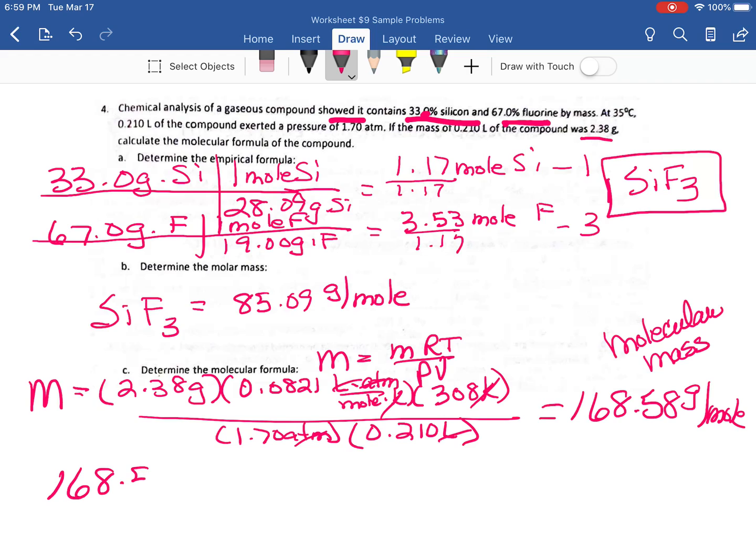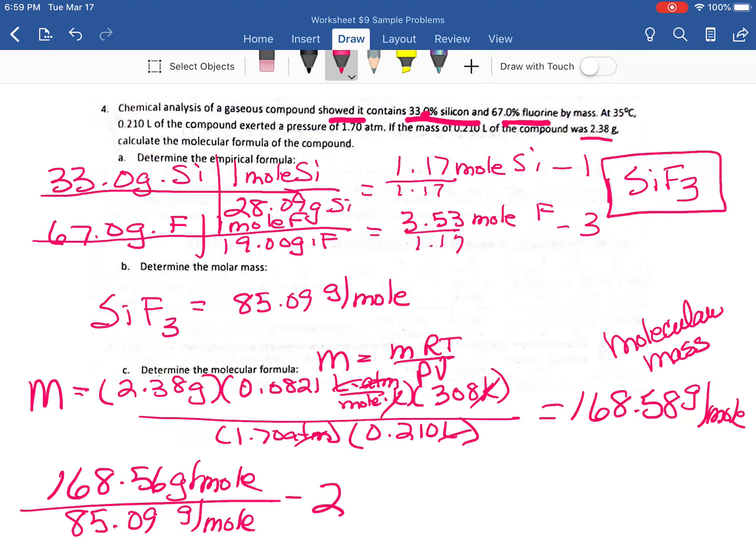So we can take our 168.56 grams per mole and divide it by the empirical formula mass of 85.09 grams per mole, and find out that we have to multiply by 2.